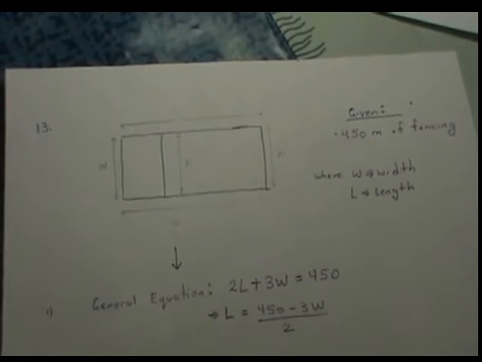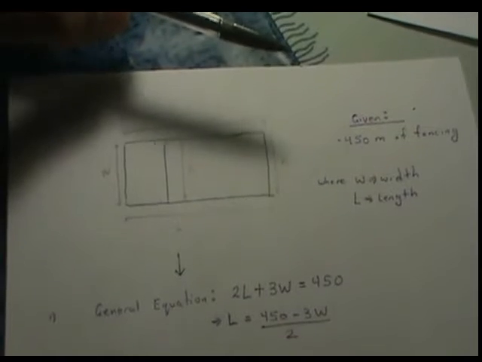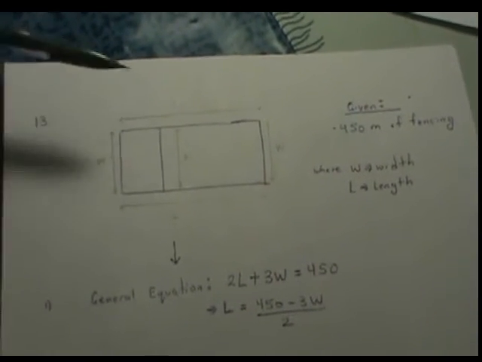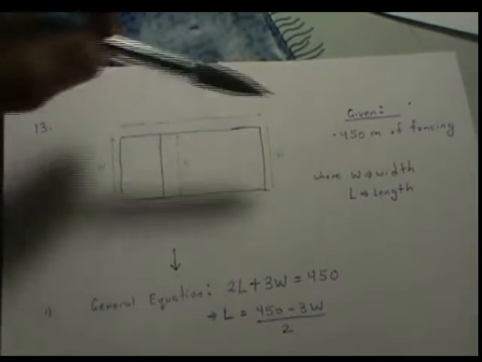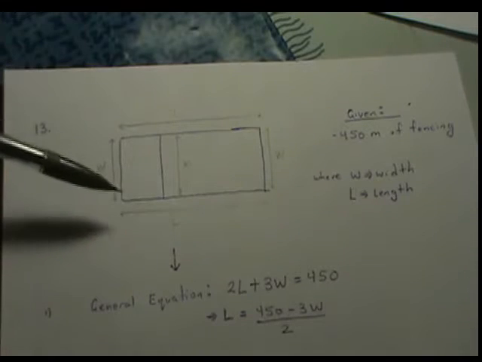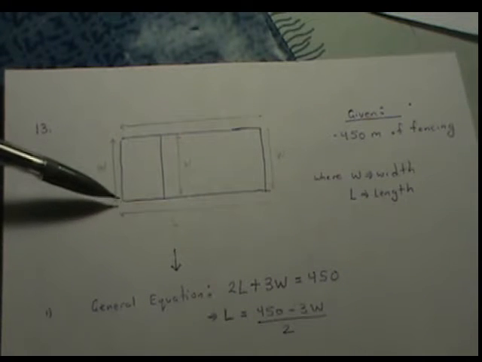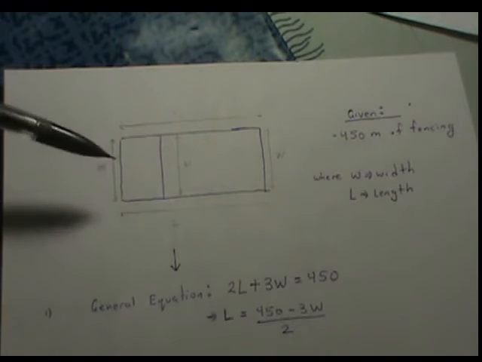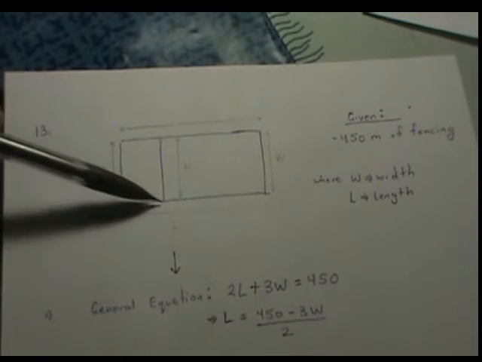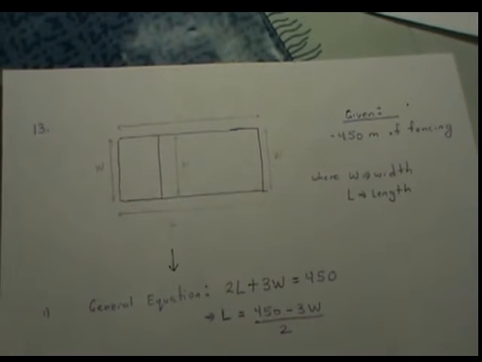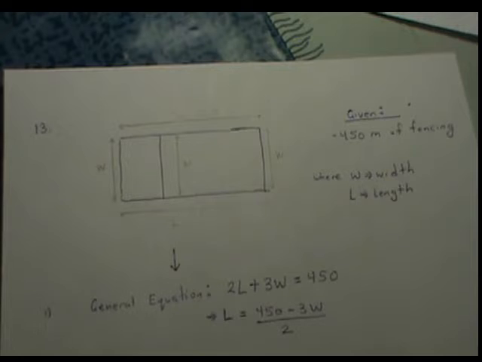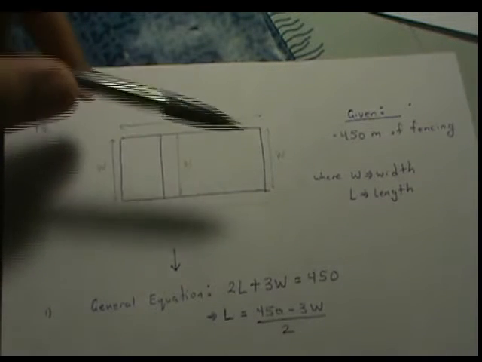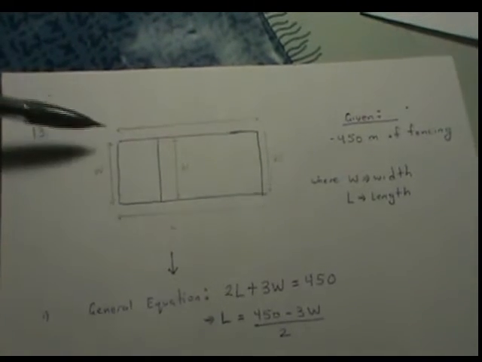Okay, so basically, we're given 450 meters of fencing. So what that means is that the fence is going to cover not only the entire perimeter of the rectangular enclosure, but also this part as well. So, if you just look at a rectangle in general, we know that it consists of length and width.